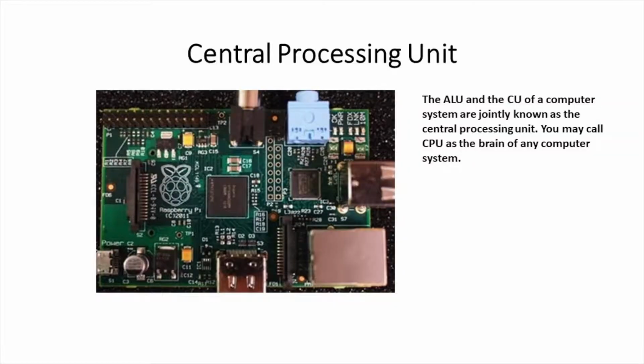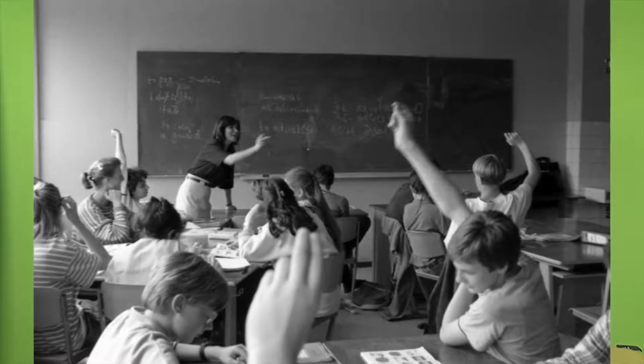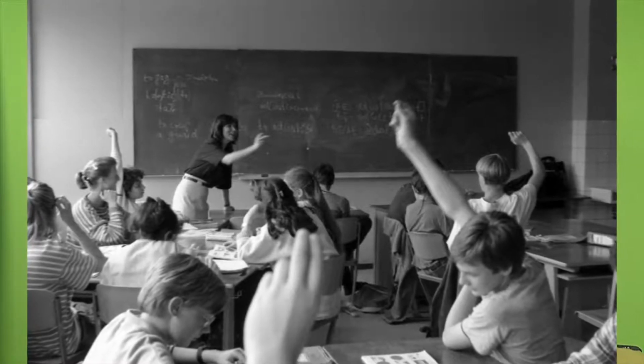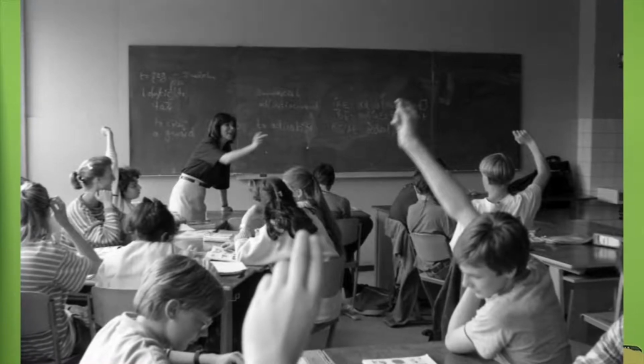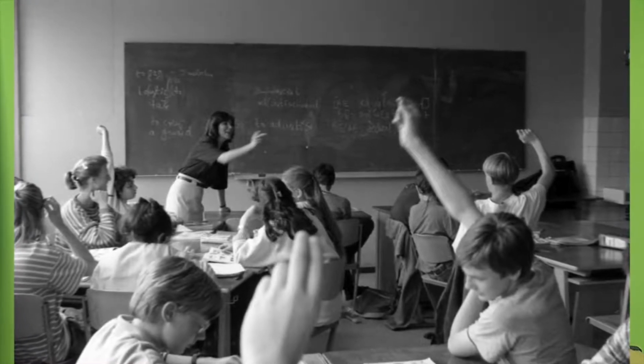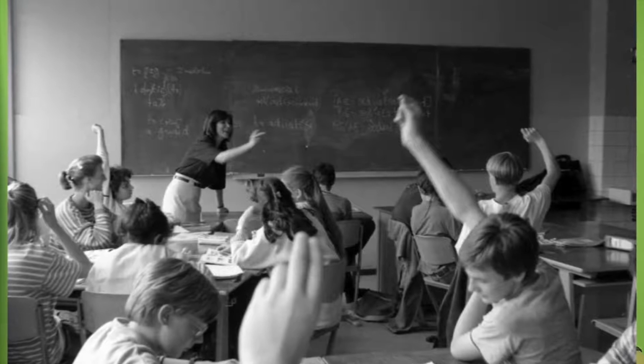Now, let us visit the functional units of a computer. So, here we see the central processing unit in much detail. As I already said, it is the brain of the computer, and here we see that it has some blocks.